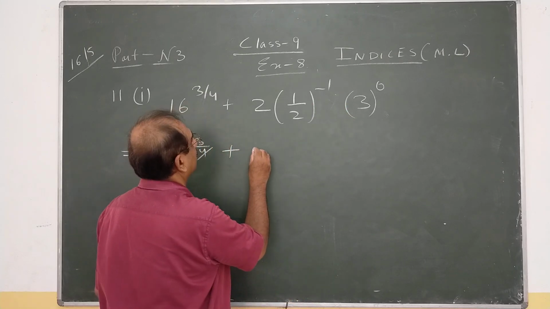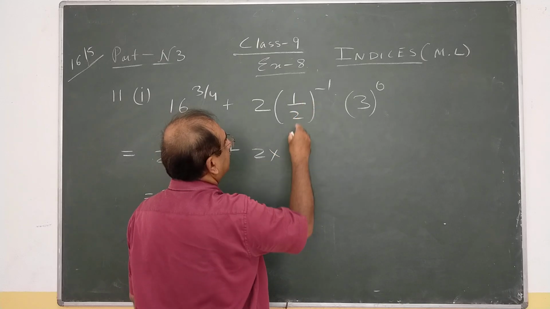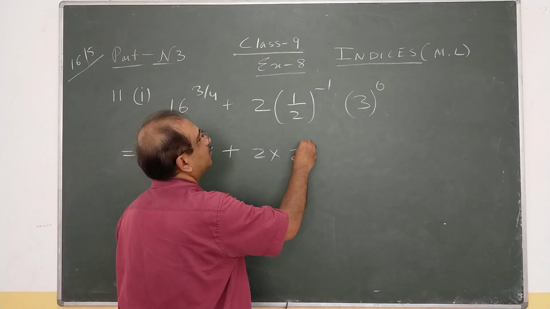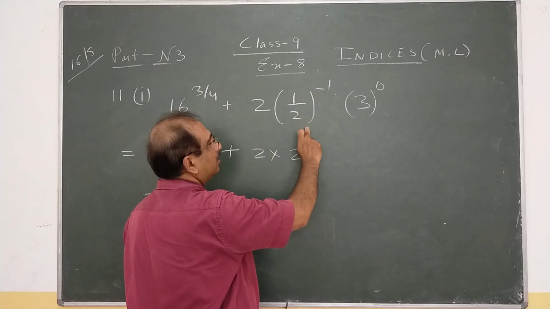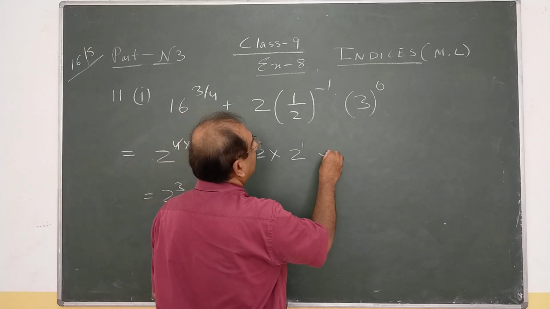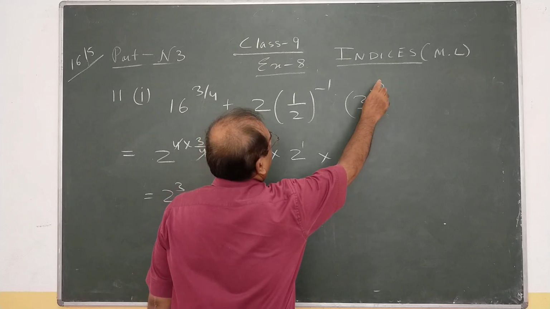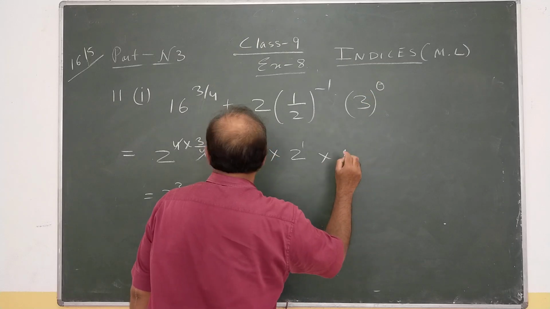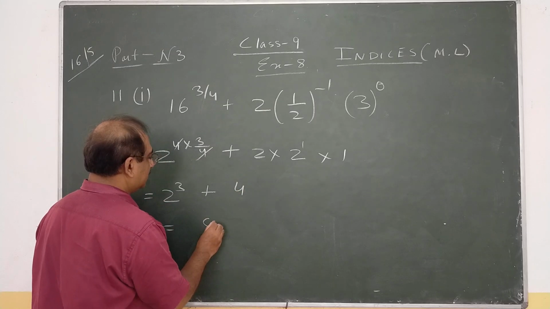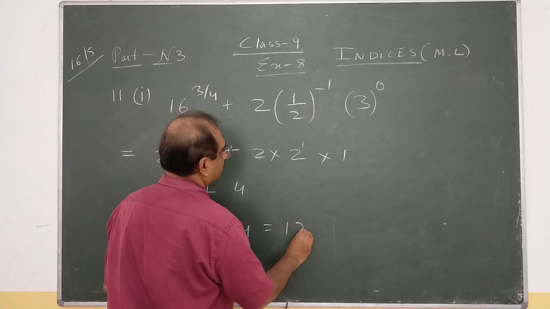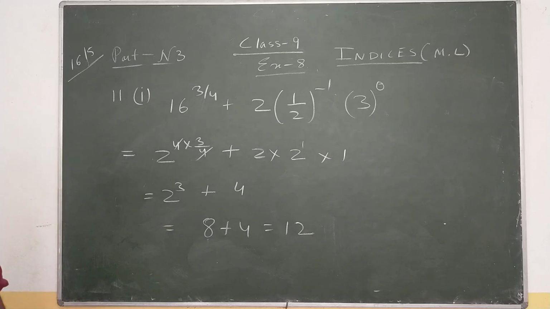Okay, into was not given. 2 into, just take the reciprocal. It becomes power 1. Okay, 2 to the power minus 1, 1 to the power anything is 1 only. And this is 1. 3 to the power 0, anything to the power 0 is 1. So here I get 2 2s are 4. So this is 8 plus 4 is 12. Okay, so kindly pause the video and copy. Okay, so we will get 12.